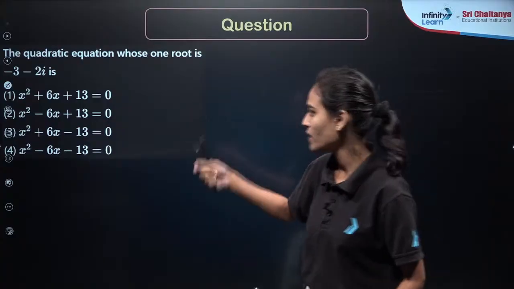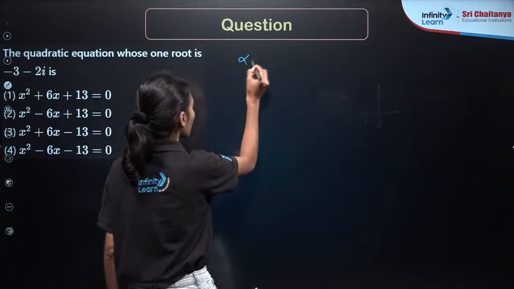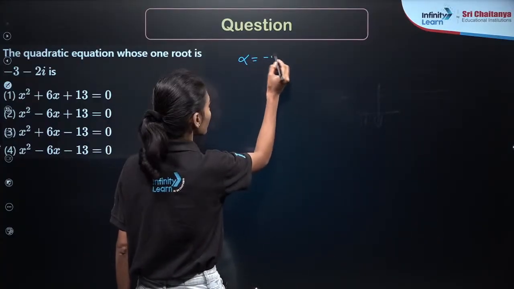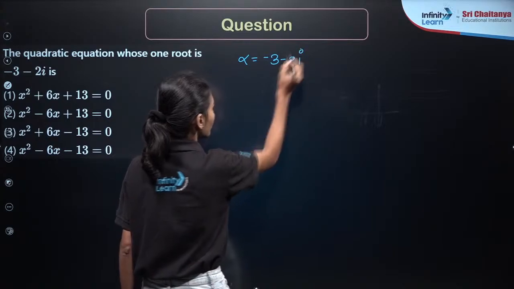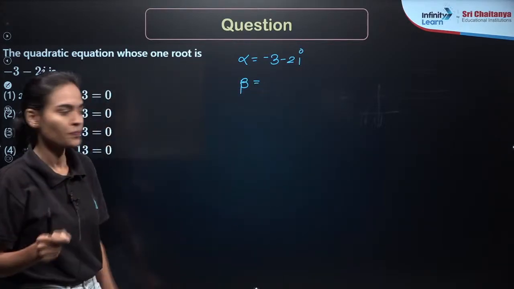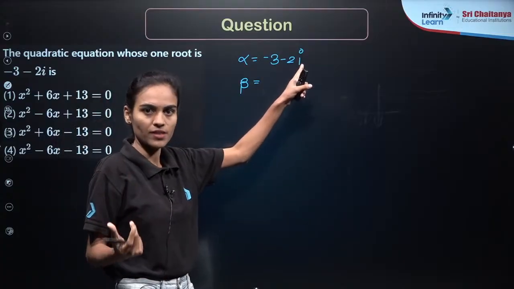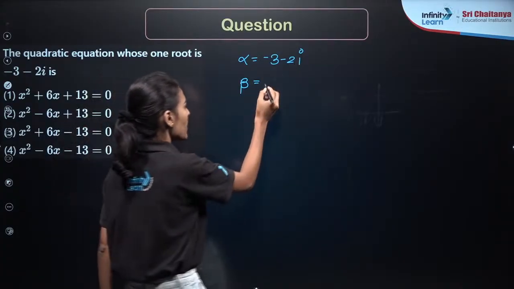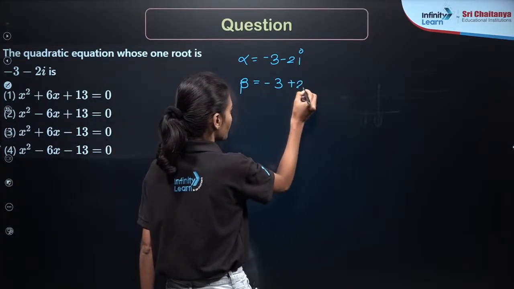So here you have one root alpha as minus 3 minus 2i. Then the second root beta will be obtained by changing the sign of the imaginary part, where i means the imaginary number. So this is minus 3 plus 2i.